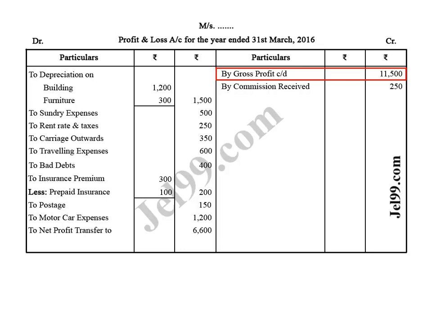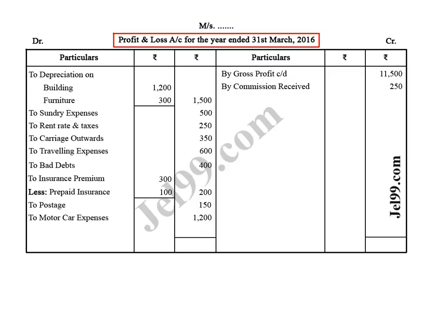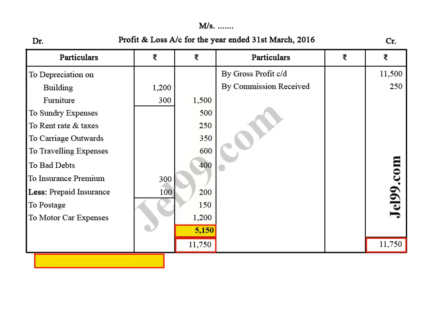11,500. Now we will close the profit and loss account. Total of credit side is more than total of debit side, so total of credit side is 11,750. Write it down on both sides. Then total of debit side is 5,150. So total of credit side of rupees 11,750 minus total of debit side of rupees 5,150 is equal to 6,600.